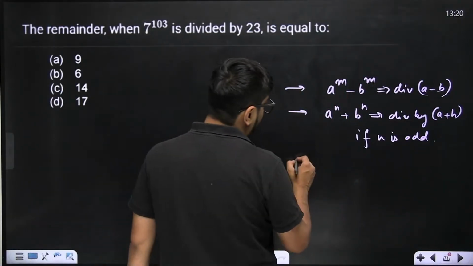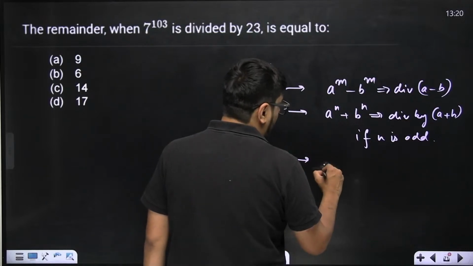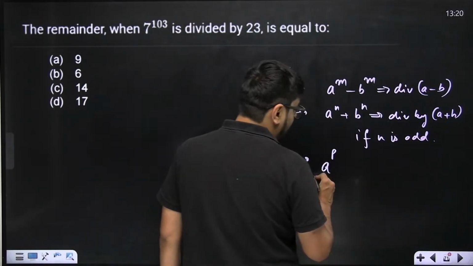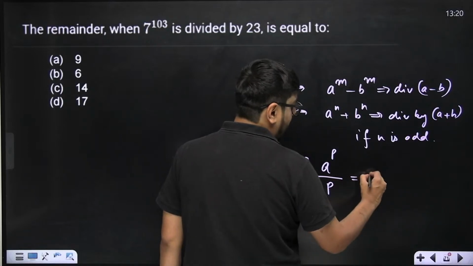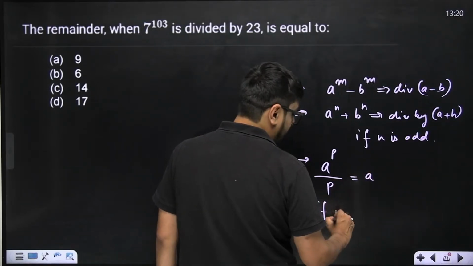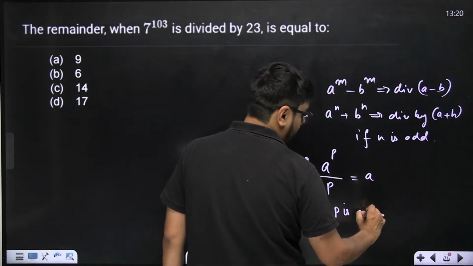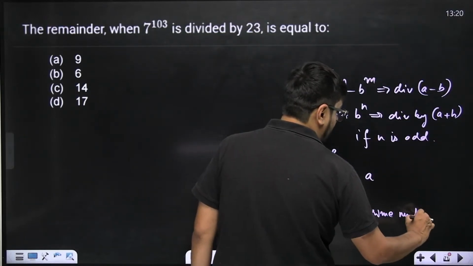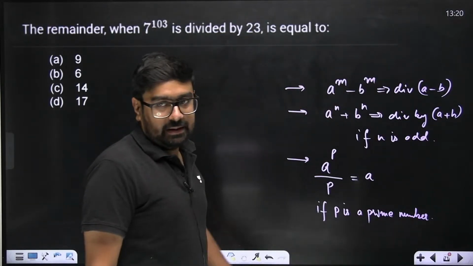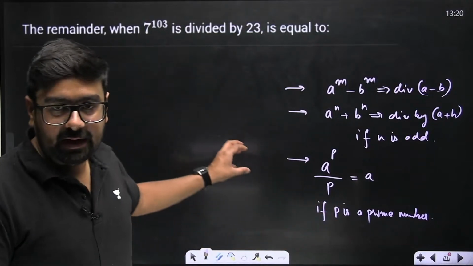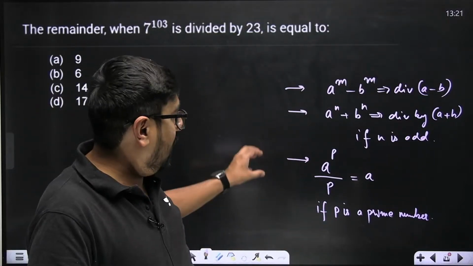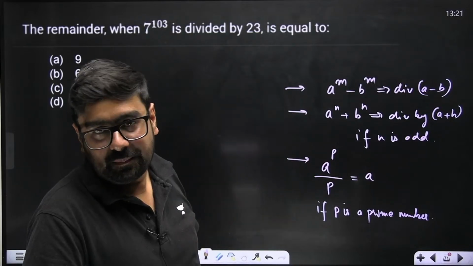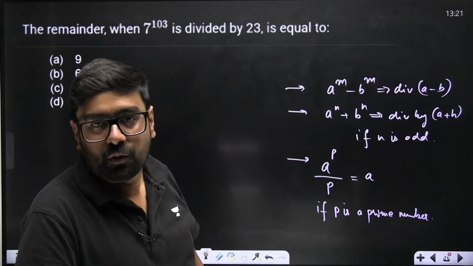Third thing which you should know is a to the power p divided by p will have remainder a if p is a prime number. Very important and handy these things can be. A to the power p, when we divide it by p only, then your remainder will be a.